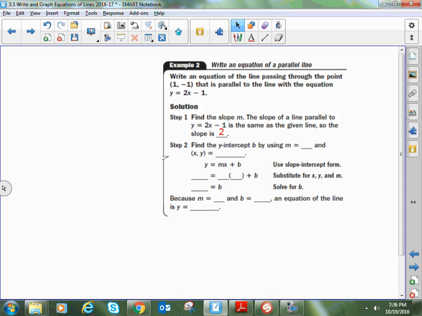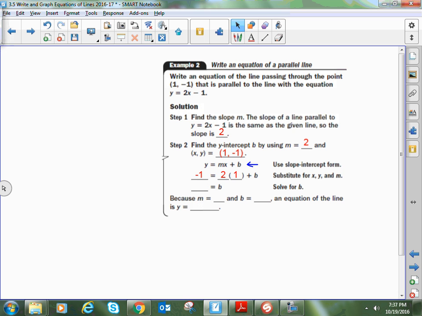Well, because the slope has to be the same in parallel lines, then the slope of my new line also has to be 2, since the slope of the original line is 2. But now we needed to go through that specific point. So we have to do a little bit of algebra to figure out what the y-intercept is. If we stick with just using the slope-intercept form, we have to do a little bit of algebra to figure out what the value of b is.